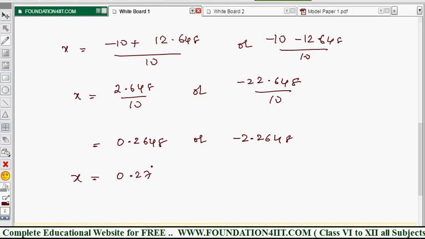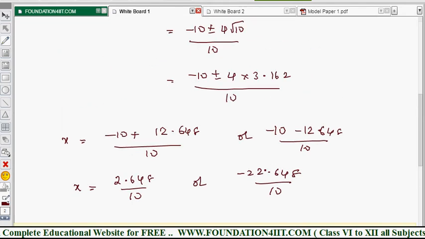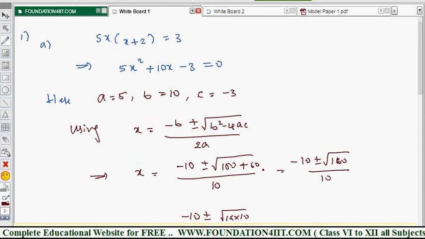So 0.2648 is 0.27, or minus 2.2648 is the same, minus 2.27. Rounding up to 2 decimal places, 0.27 or minus 2.27 are the values of x. Okay. The important thing is we need to use this formula, substitute the a, b, c values in this and simplify. Right.